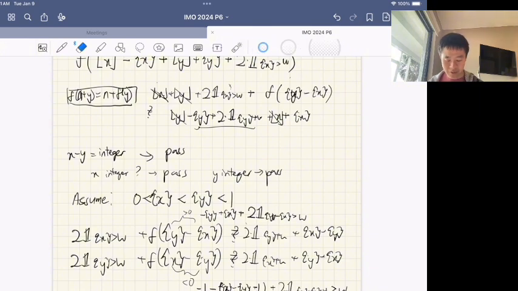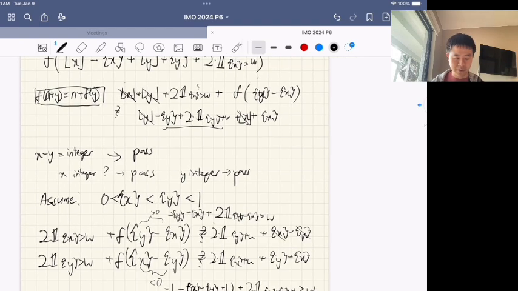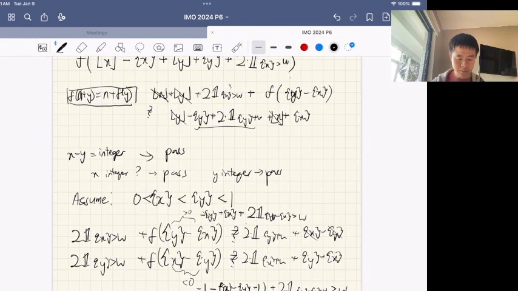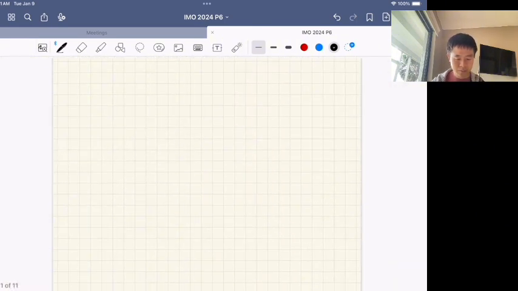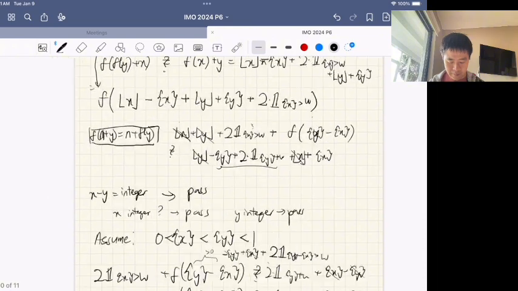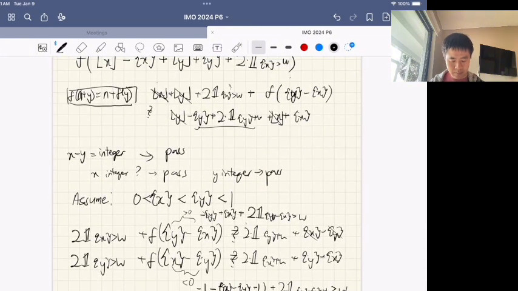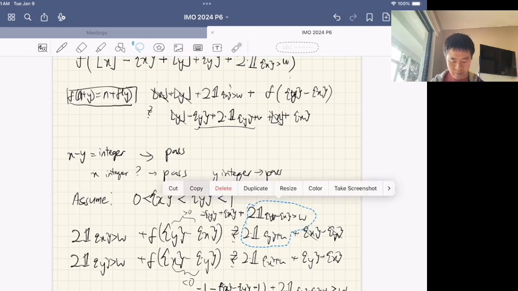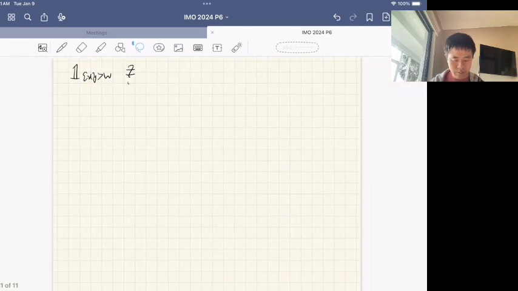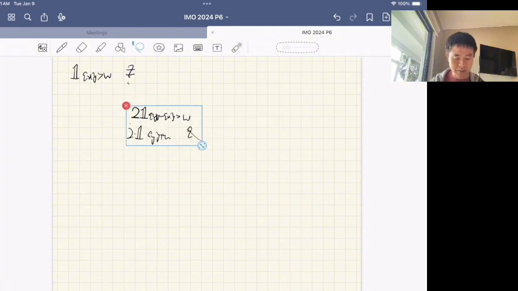So here we can just take things off, and then what we have here becomes okay. I'm just pacing here for some self-reference.